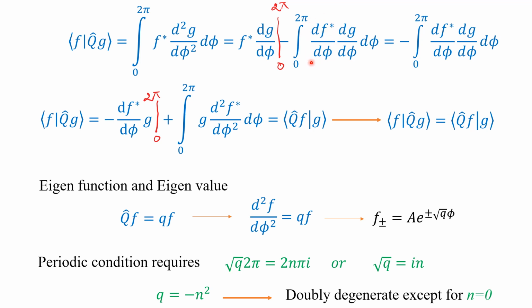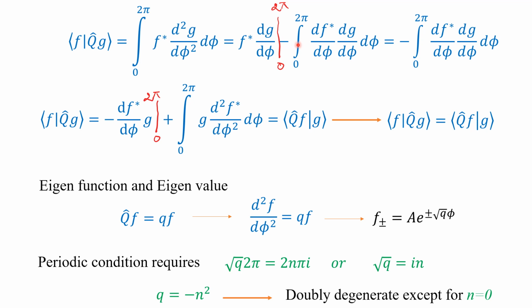It is a convention that we will always write the complex function first, then the other functions. Now if you apply the periodic limit 0 to 2π, at the periodic boundary this term will become 0.